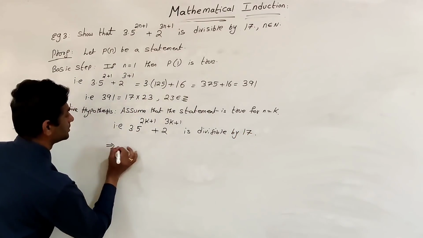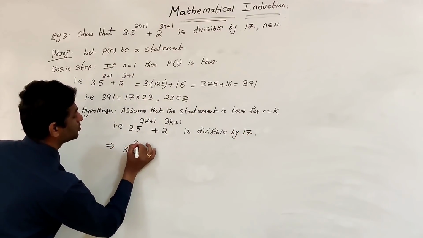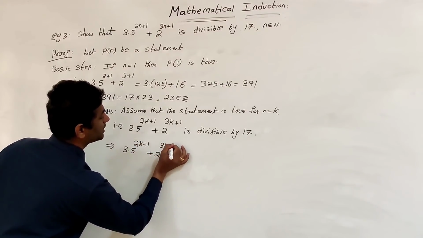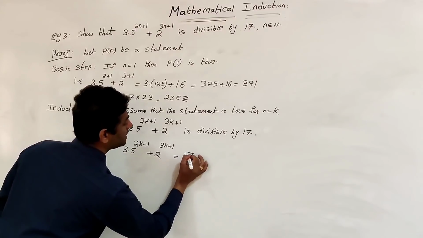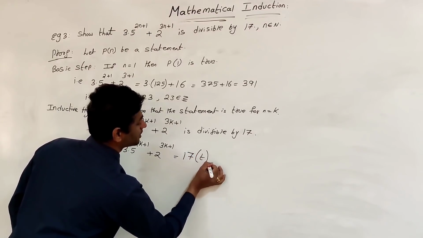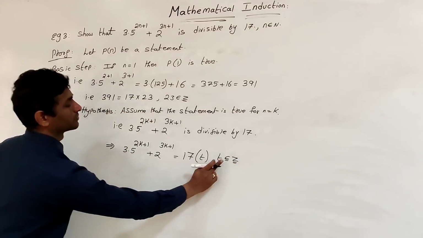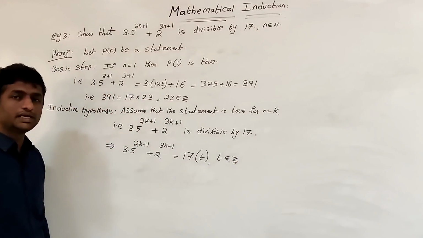That is, 3 into 5 to the power of 2k plus 1 plus 2 to the power of 3k plus 1 can be written as 17 times an integer t, where t belongs to an integer.